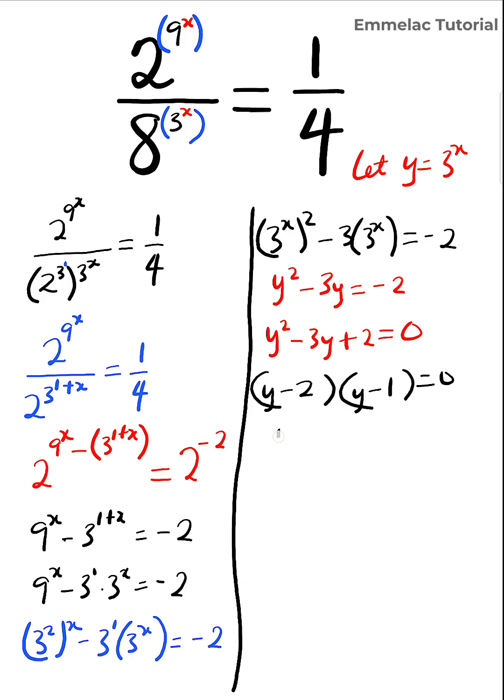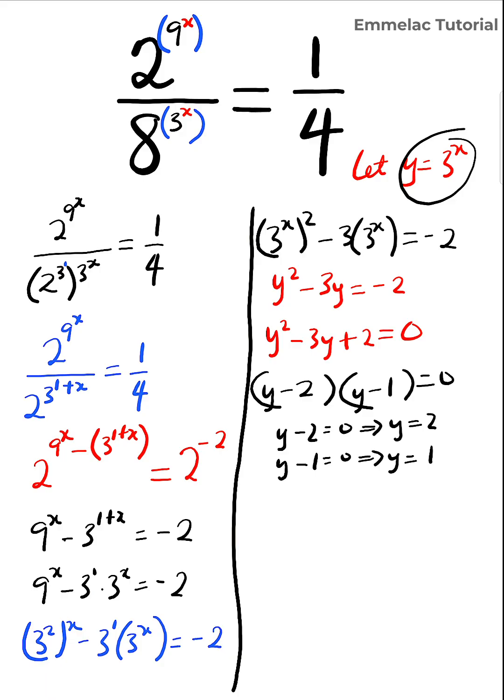So we can say that y minus 2 equals 0, which gives us y equals 2. The second one is y minus 1 equals 0, which implies that y equals 1. Now recall that y equals 3 raised to x. So let us replace y with 3 raised to x and solve for x.